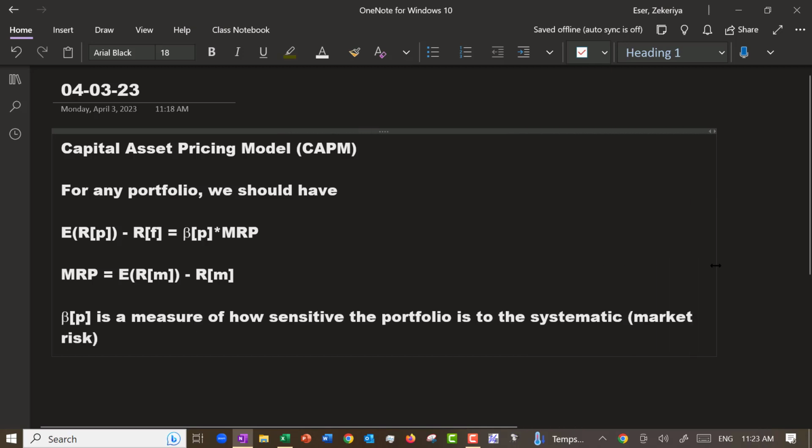Technically speaking, the model says how sensitive it is to the market risk, but the capital asset pricing model assumes that there is only one type of systematic risk, and that's the market risk. And that's why systematic or market risk.